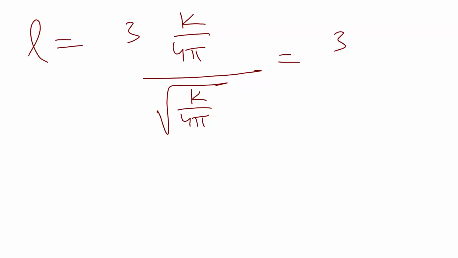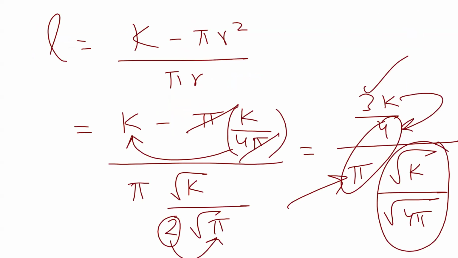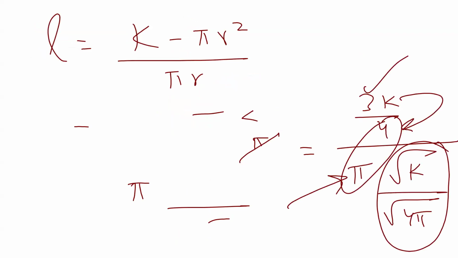So eventually this is going to be 3 root k by 4 pi. If you have not understood this step, I'm ready to explain once again, provided you ask. Again, I'll solve because this is the last and the crucial part of the problem.